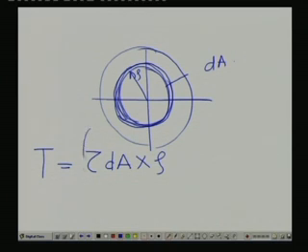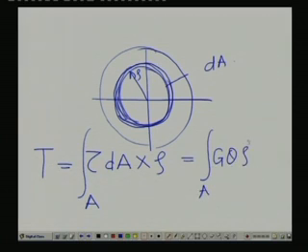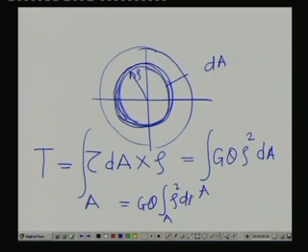So, if we integrate over the area A, then what do we get? This is the expression. Now, what is tau? We found this, that is G theta rho square dA. Now, this comes out to be G theta integral over the area A of rho square dA.